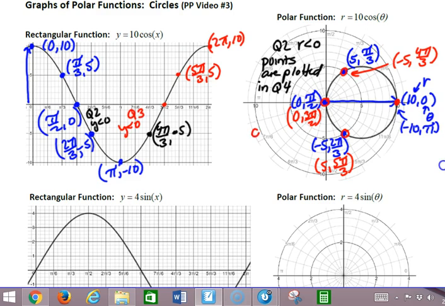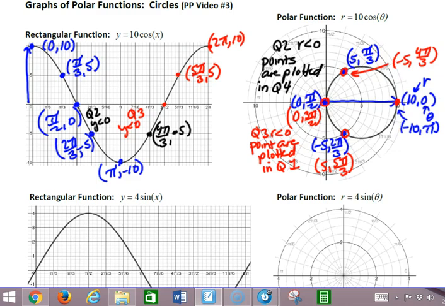Over here that means in quadrant 3, r is less than 0, so the points are plotted in quadrant 1, because quadrant 1 is in the opposite direction as quadrant 3 through the center of the polar grid. So this section of the graph, that's quadrant 3 angles, is actually plotted again in quadrant 1, and this section that's quadrant 4 is plotted down here. So going one cycle of cosine actually takes us 2 complete times around this circle.